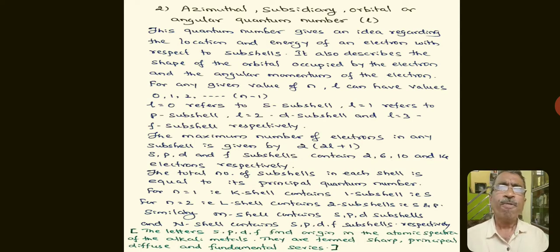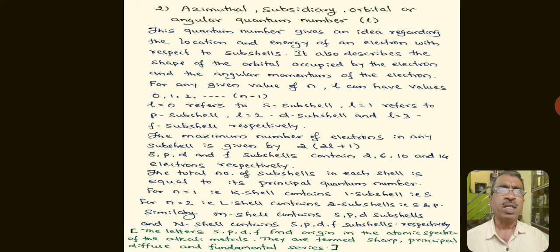If l is equal to 0, it refers to s subshell. l equal to 1 refers to p subshell. l equal to 2 refers to d subshell. And l equal to 3 refers to f subshell respectively. The maximum number of electrons in any subshell is given by 2 into (2l plus 1).